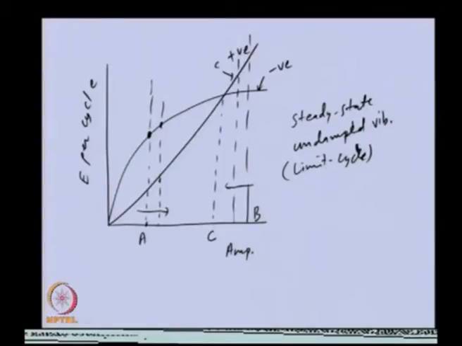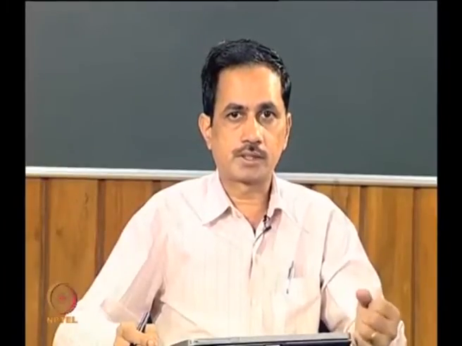In this particular case, whatever we have studied, for negative damping we said the energy is going into the system, and we are saying there is no unbalanced force or external force, but there has to be some source of energy from where the system can extract the energy.